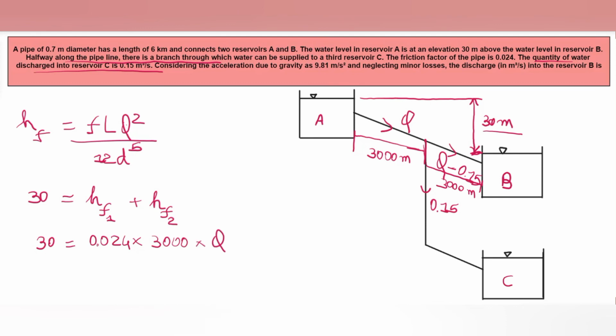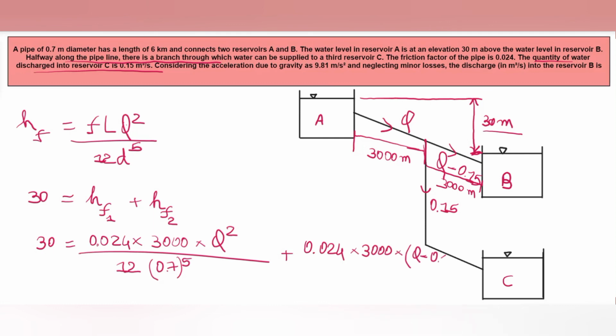So this will be 0.024 into 3000 into Q square upon 12 into D raised to 5. D is 0.7 raised to 5, plus 0.024 into 3000 into Q square, which this time will be Q minus 0.15 whole square, divided by 12 into 0.7 raised to 5.